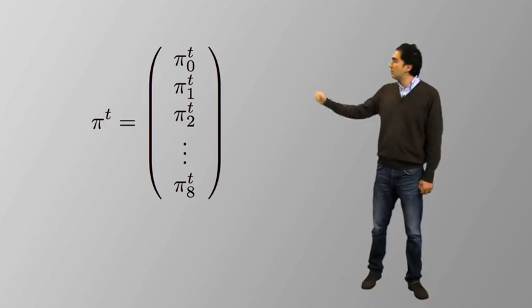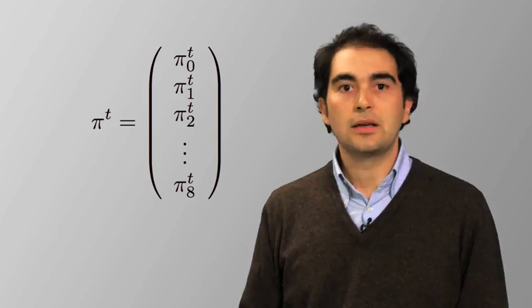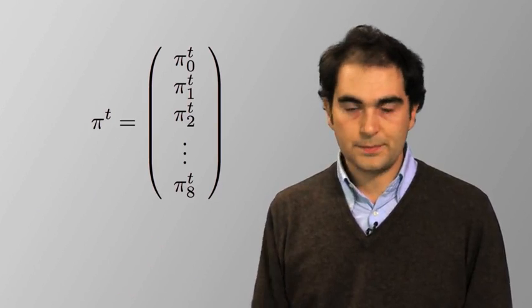To compute the exact probabilities at all time steps, we need to introduce a vector, pi_t, which contains the probabilities to find the pebble at time t at the site 0, 1, 2, and so on.